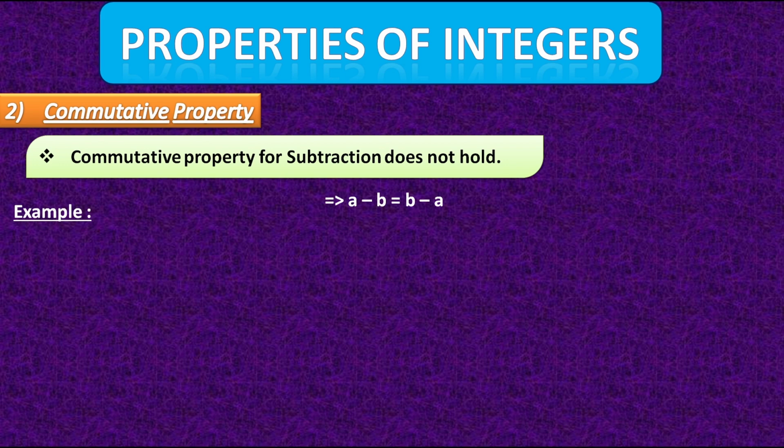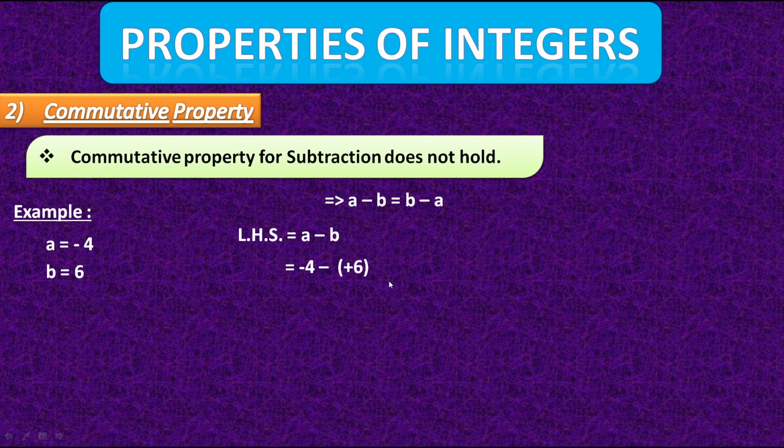Here I am taking the value of a as minus 4 and b as 6. Let's put the values of a and b in the left hand side. Left hand side is a minus b, so minus 4 minus of plus 6. Just before, I told you that the subtraction rule says that whenever we have any number after a minus sign, that number should change its sign.